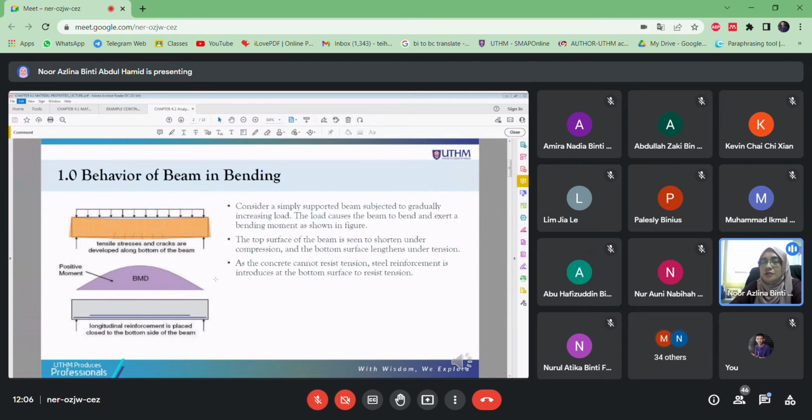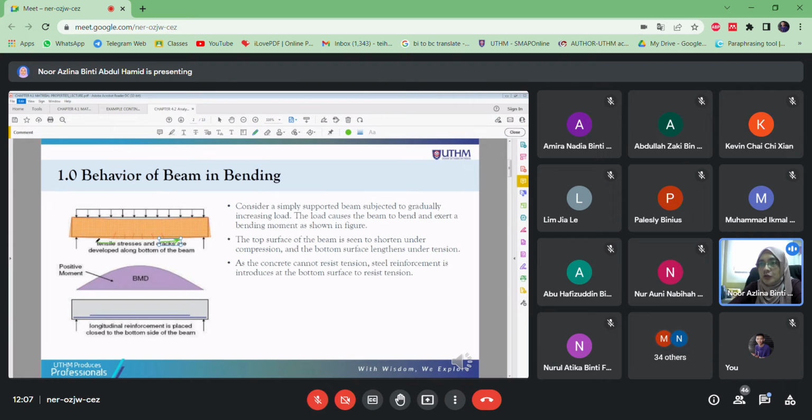Alright, so this is the behavior of beam in bending. Remember, once we apply the load, there will be a bend performance here, a bend curve here, especially at the bottom one. If you zoom up, there will be elongations here.